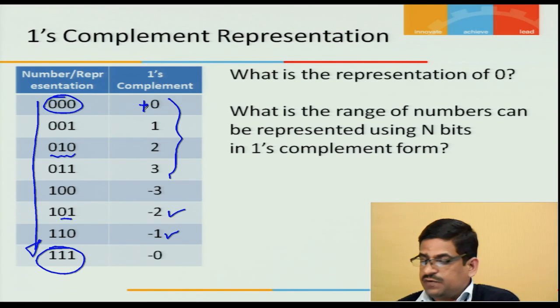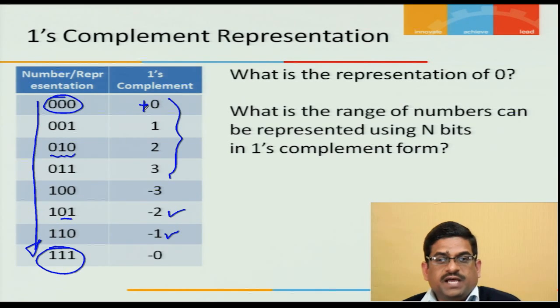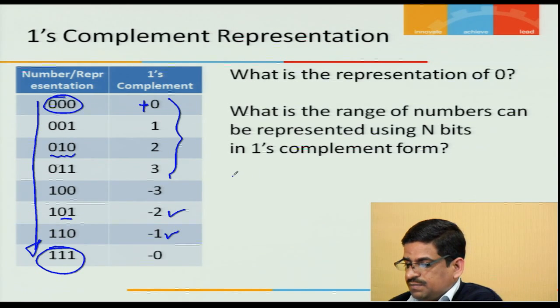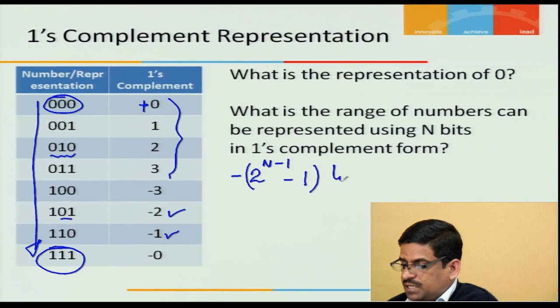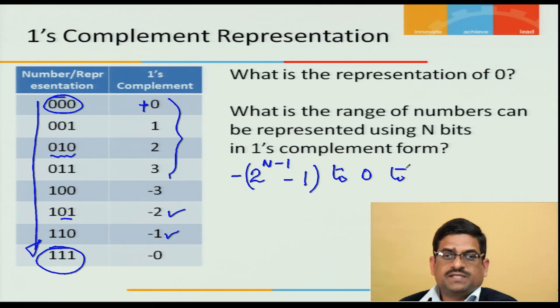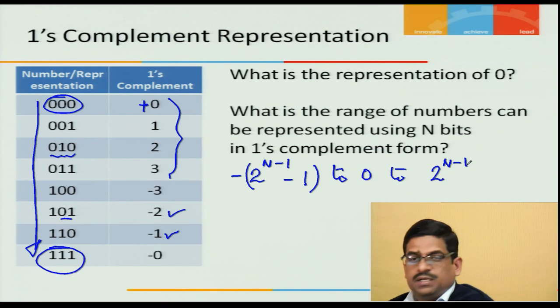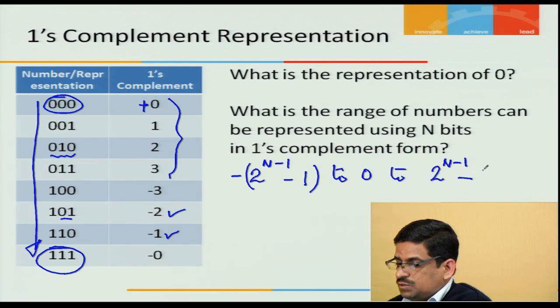If I want to find the range of numbers which I can represent with a given number of n bits in the 1's complement form, the range will be the same. On the negative side I can represent with n bits down to minus 2 raised to the power n minus 1, the most negative number, then up to 0, and on the positive side 2 raised to the power n minus 1, minus 1.